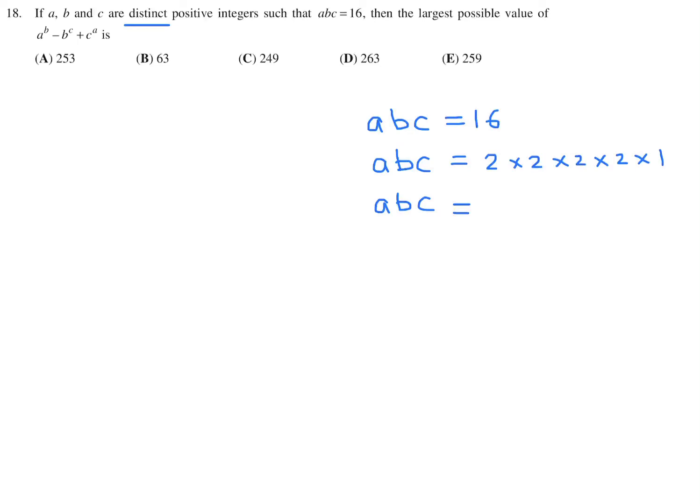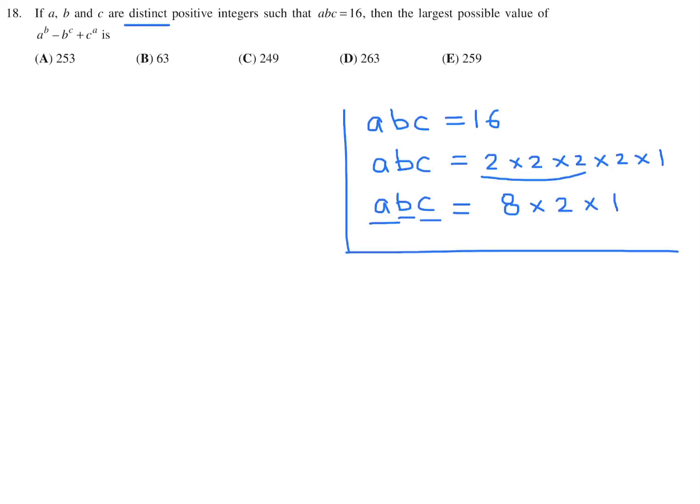Right now I have a lot of 2's, but I have to make sure that A, B, and C are distinct. They're different. The only way I believe you can do that is by grouping these guys together to make that an 8, and then having a 2, and then having a 1, like that. That's the only way you can get 16 factored into 3 numbers that are all different.